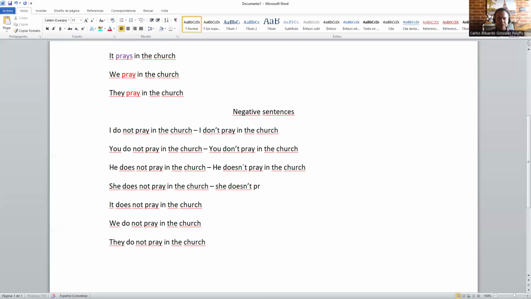She doesn't pray in the church, guys. He doesn't pray in the church. We don't pray in the church. They don't pray in the church, guys.